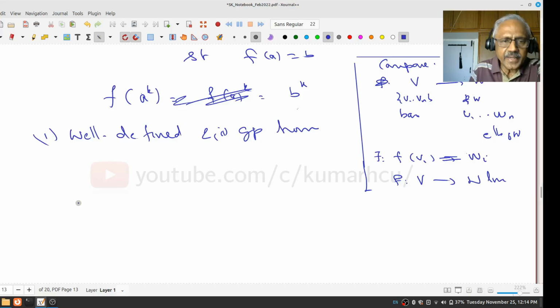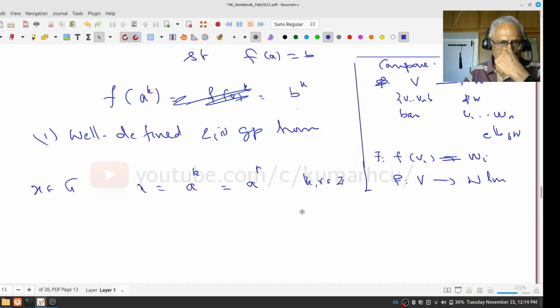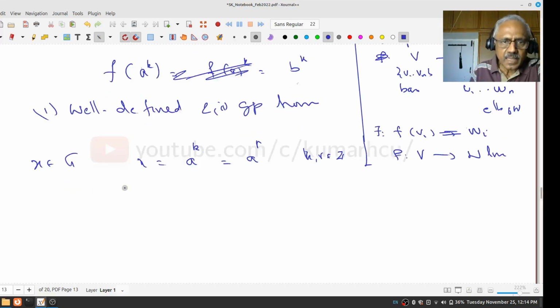Why is it well defined? Suppose we start with any element x in G, then I may be able to write it as a to the power k. Also I may be able to write it as a to the power r, where k and r are integers. Right? And since the order of a is n, this means a to the power k minus r is identity.